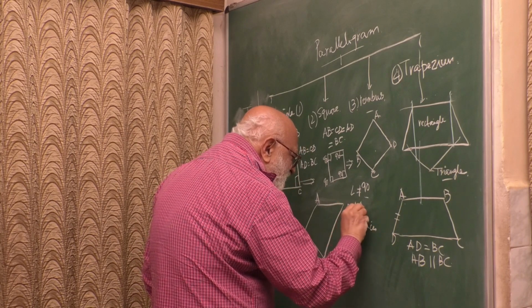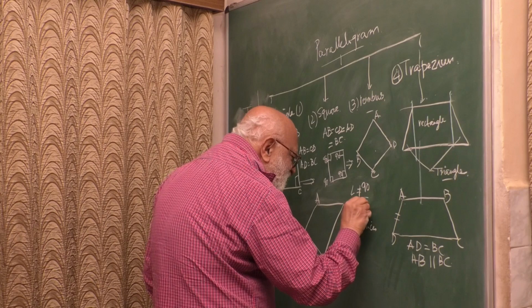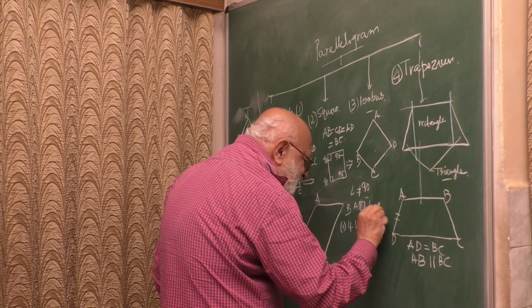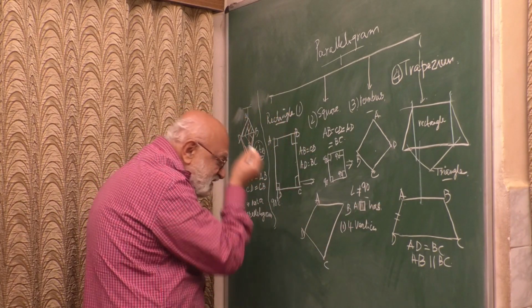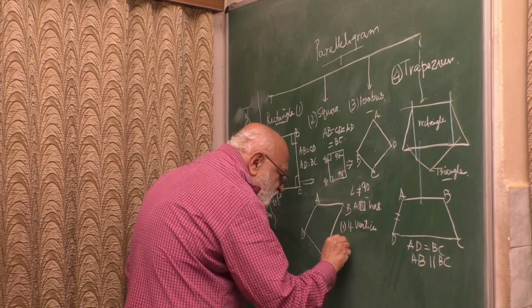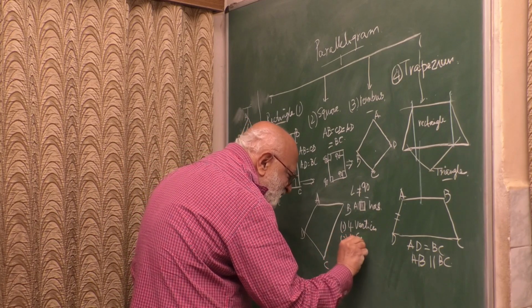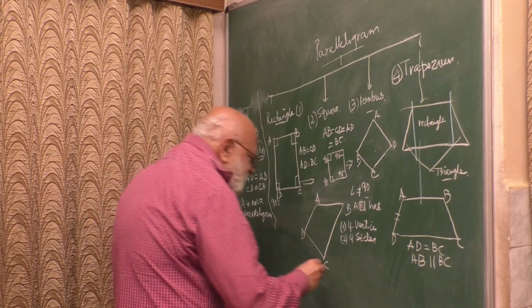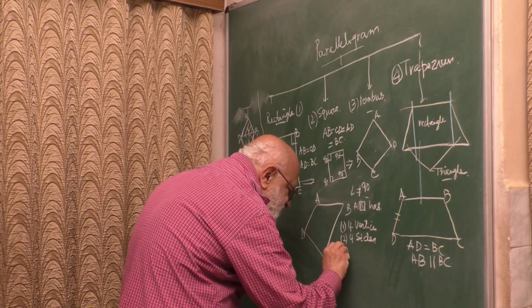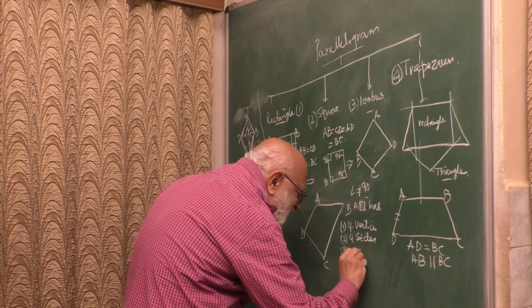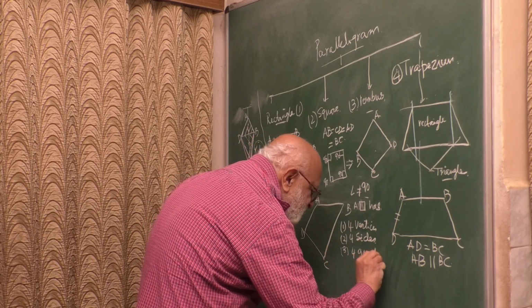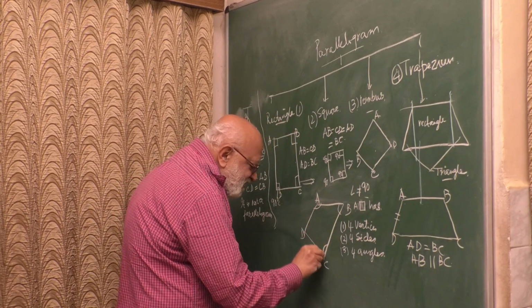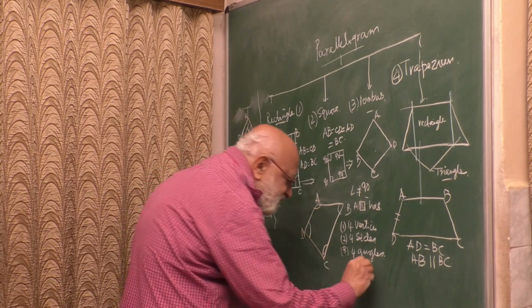A quadrilateral has 4 vertices, 4 sides, and 4 angles, A, B, C and D.